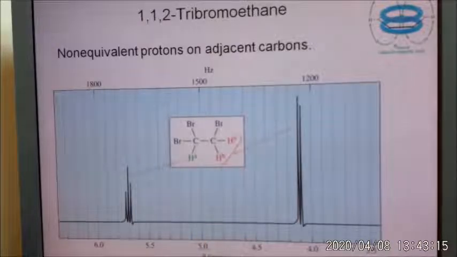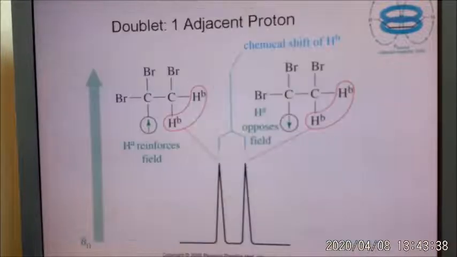So every time you have a neighbor, the splitting is going to be caused by n+1. And when we talk about the neighbors, we mean equivalent, right? So if I have 3 neighboring protons and they're all the same, like a methyl group, then I'll see a quartet. It'll have 4 peaks in the splitting pattern.